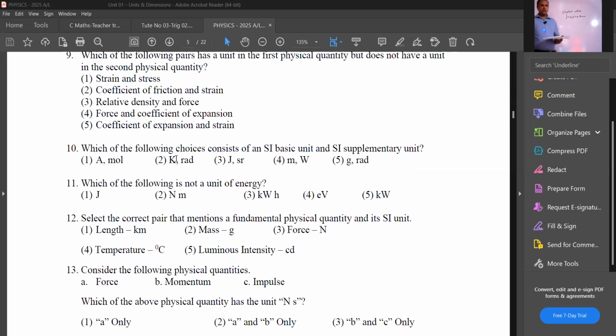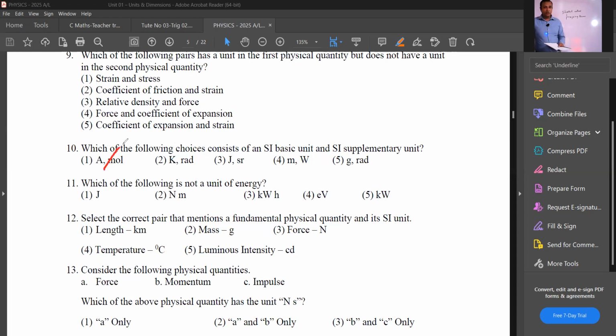In this case we are asked to find the SI basic and supplementary unit. Suppose we know the supplementary units are either radian or steradian.